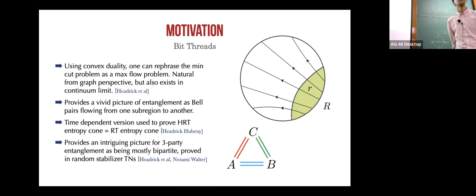You want to maximize the number of threads going from one to the other, subject to the density constraint. The fact that the density is constrained tells you that the blocking point is this minimal area surface, and the maximum flow you can put through is constrained by that.